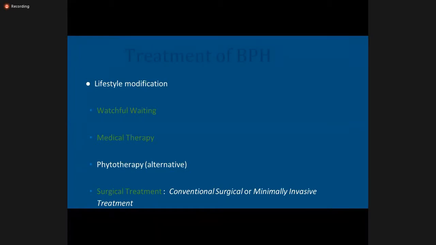Number two is watchful waiting. If he is having mild symptoms, we can ask him to just watch over and not do anything. If somebody is having moderate symptoms, then we can go for the medical therapy. Or if somebody is having severe symptoms, then we can go for the surgical treatment.